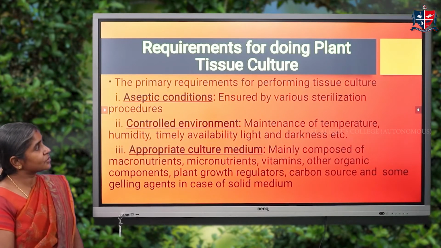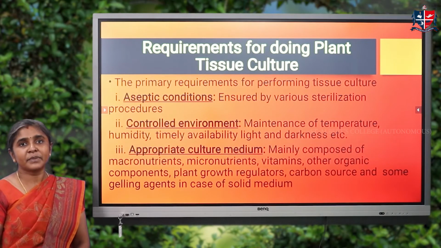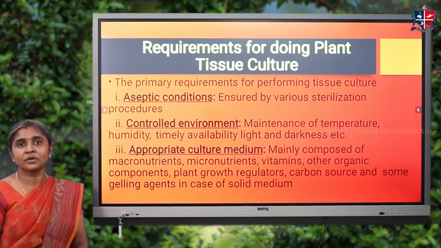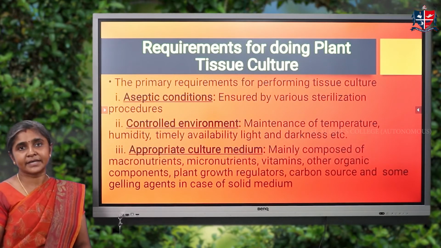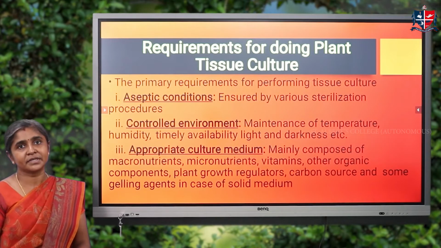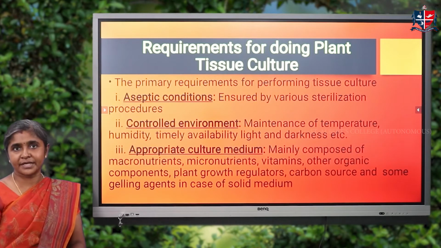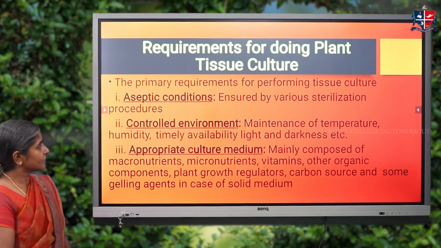Next is controlled environment. As I mentioned in the very beginning, plants are grown in conditions which are different from their natural growing environment. So, whatever is the artificial condition, it has to be controlled. All the parameters have to be given in a controlled manner and it has to be ensured at all points of plant tissue culture.